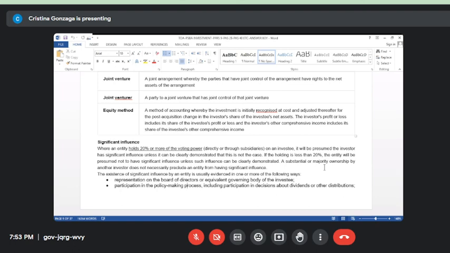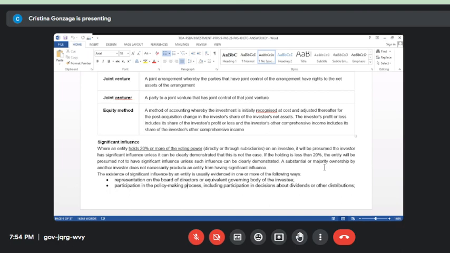So, kapag ang isang investee nag-report siya ng net income, then the share in the investee's net income will increase the carrying amount of the investment in associate. Likewise, if there is a reported net loss by the investee, then the share in the reported net loss will decrease the carrying amount of the investment in associate.